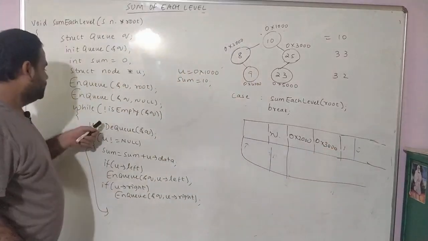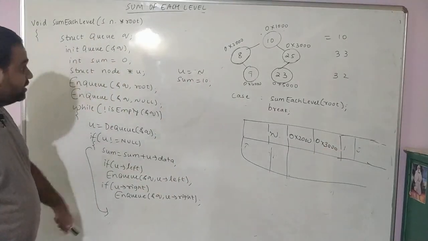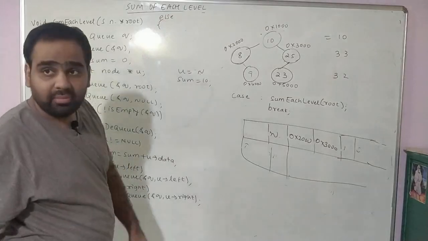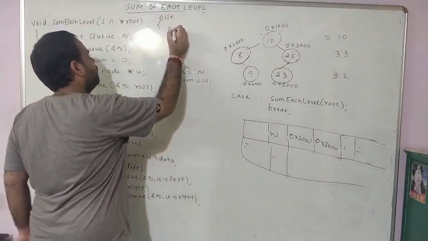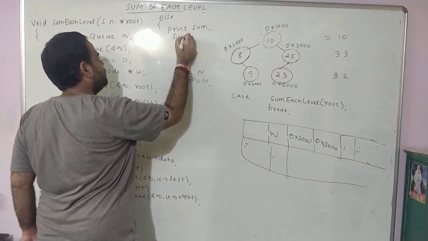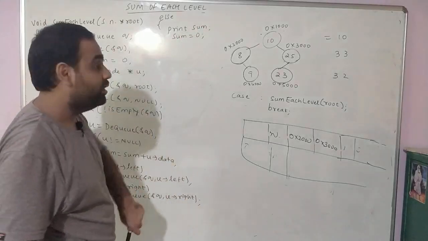Now q is not empty. Go back. u is equal to dq. What do you dq? You dq null. Null not equal to null is false. Therefore, you have to execute the else part. Now it means it is the end of the level. Therefore, you print the sum, mark the sum as 0, and you have to enqueue null only if the queue is not empty.